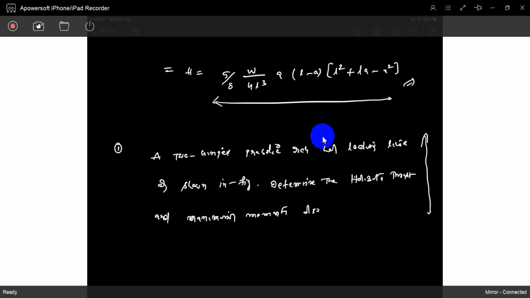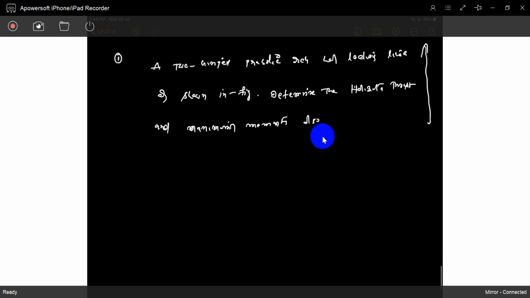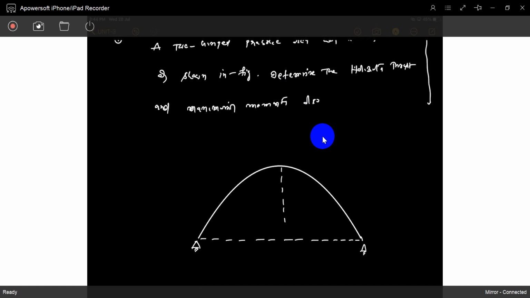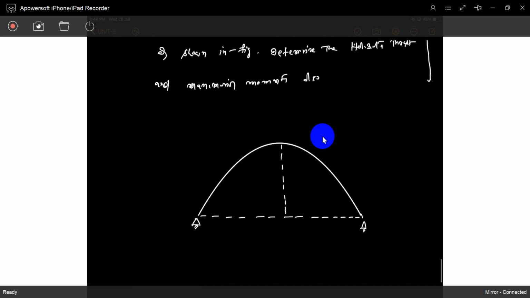So see what is the loading condition on this parabola. This parabola span is 15 plus 15, and the rise is 6 meters.